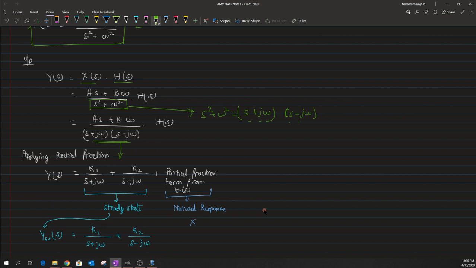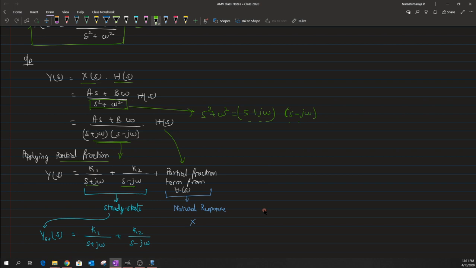So we have two types of poles defined in terms of input signals. Okay, so these are the poles out of my input signal, not from the poles of the system. And when we apply this partial fraction method, the Y of s will also have partial fractions defined in terms of system poles.